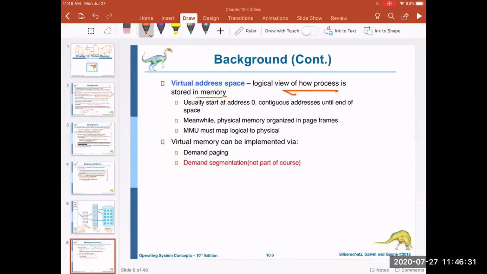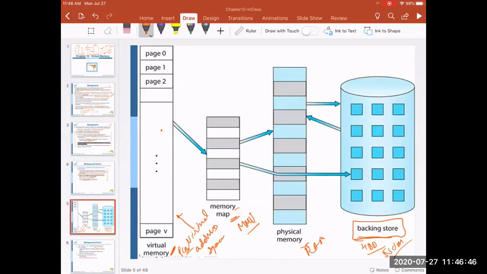On the logical address space, we have created pages. A program or process is divided into pages. And on the physical address space, it is divided into frames. So frame size is equal to page size, and your memory management unit is doing the mapping.